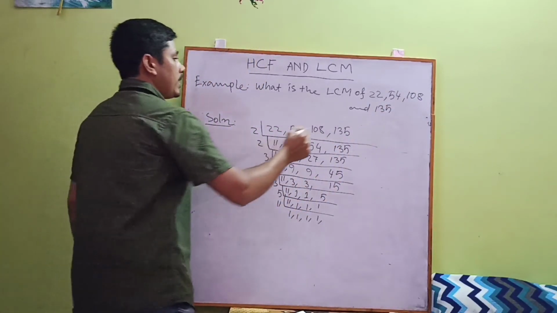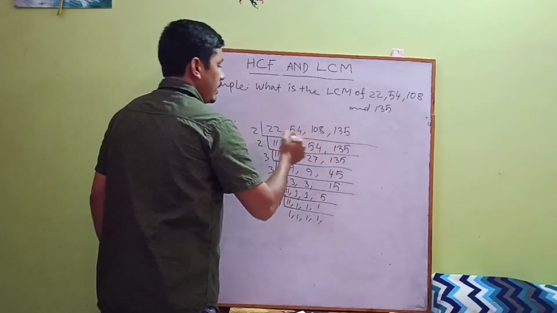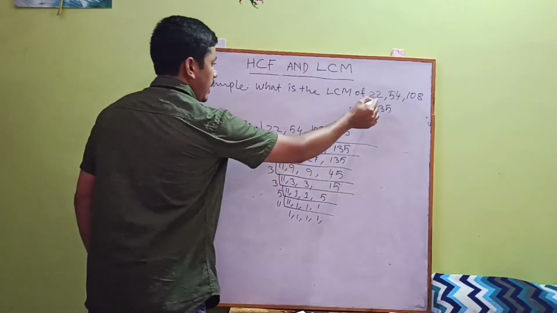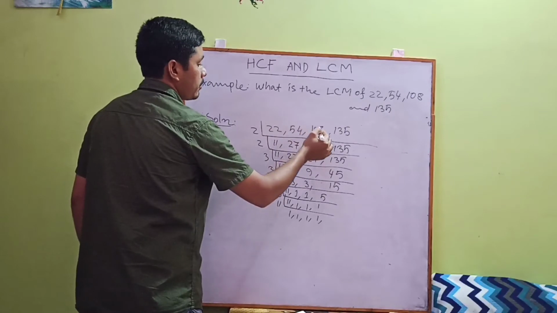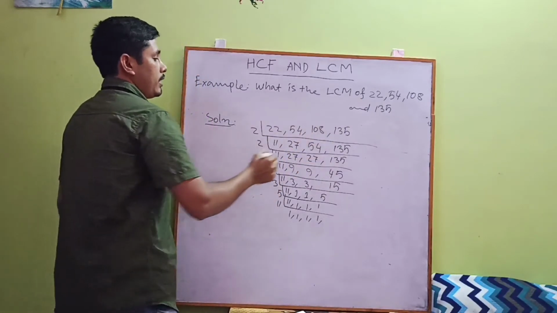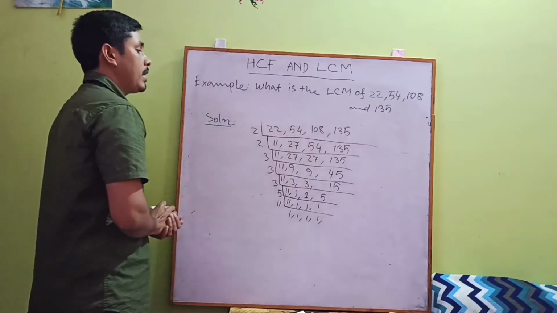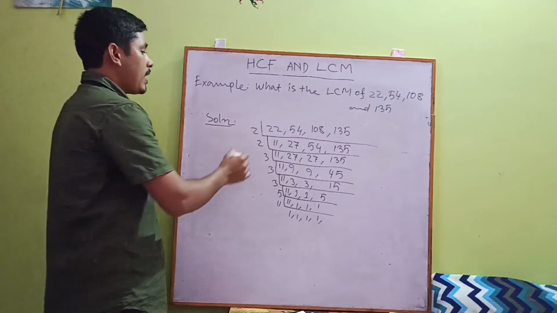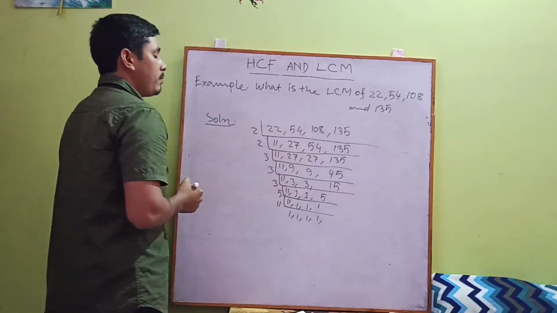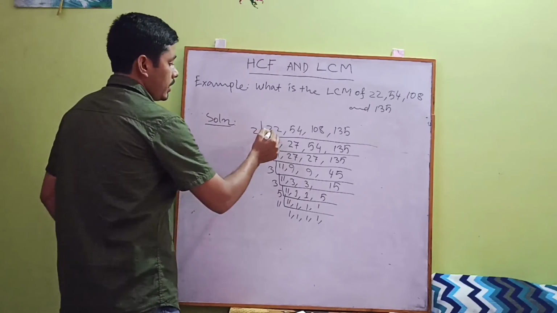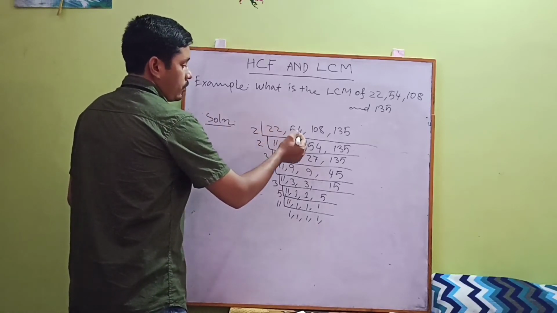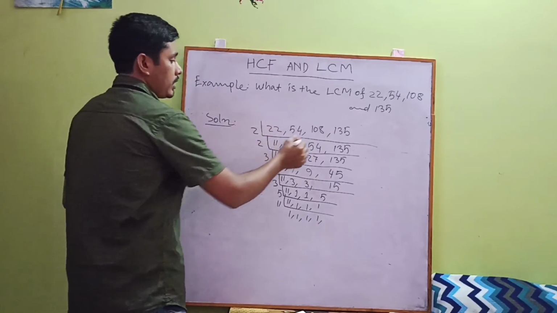Okay, first we need to write these numbers in order. First we write 22, thereafter 54, thereafter 108, thereafter 135. Now we need to divide these numbers by their prime factor. This number is divisible by 2, this number also, this number also.